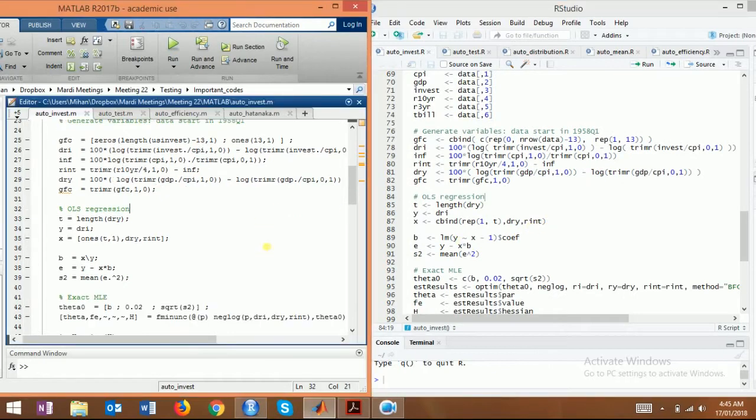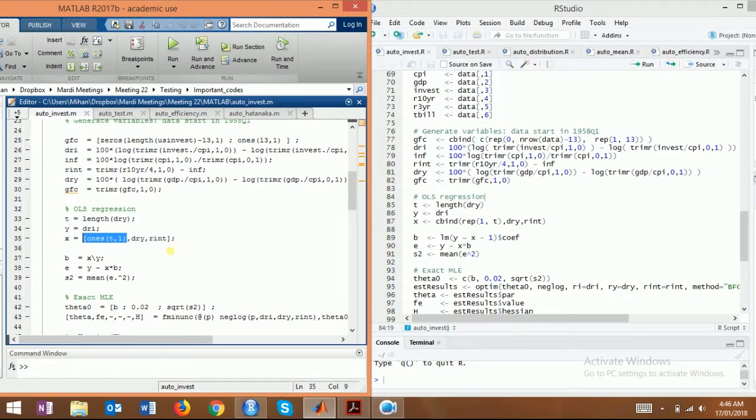Then we do OLS regression. T is the length of real income, Y is real investment, X is ones. Always it will come as ones, real income and real investment. This is the equation.